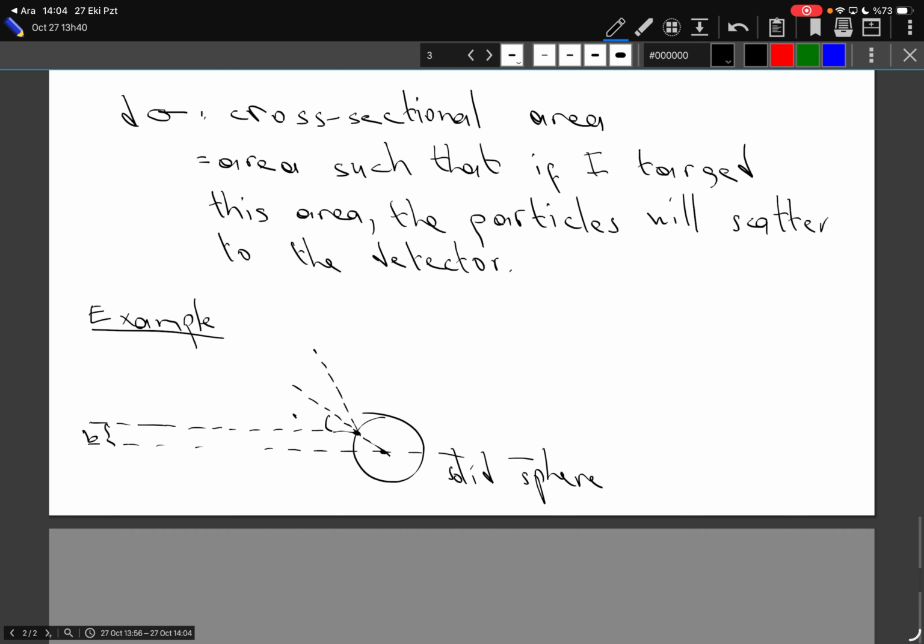So if this is phi, this is also phi. What is the scattering angle? The scattering angle is the angle it makes with the initial direction. This is theta. So theta is pi minus 2 phi.